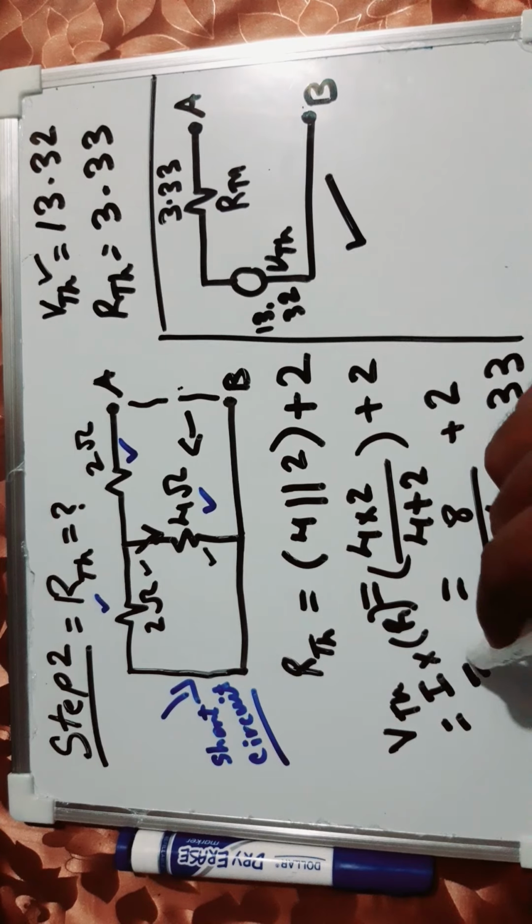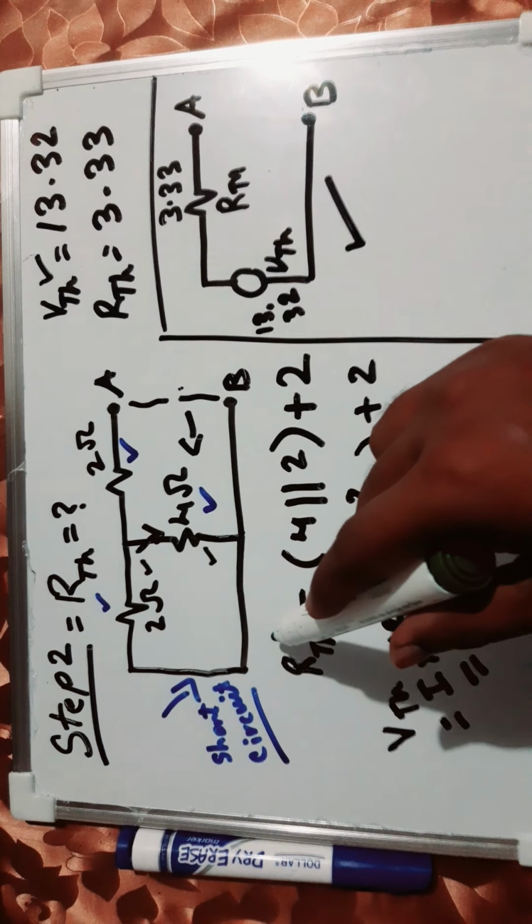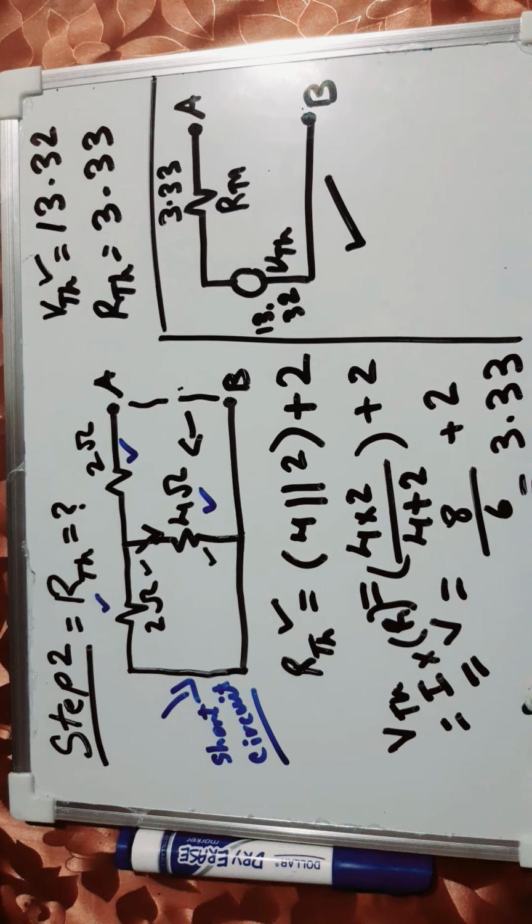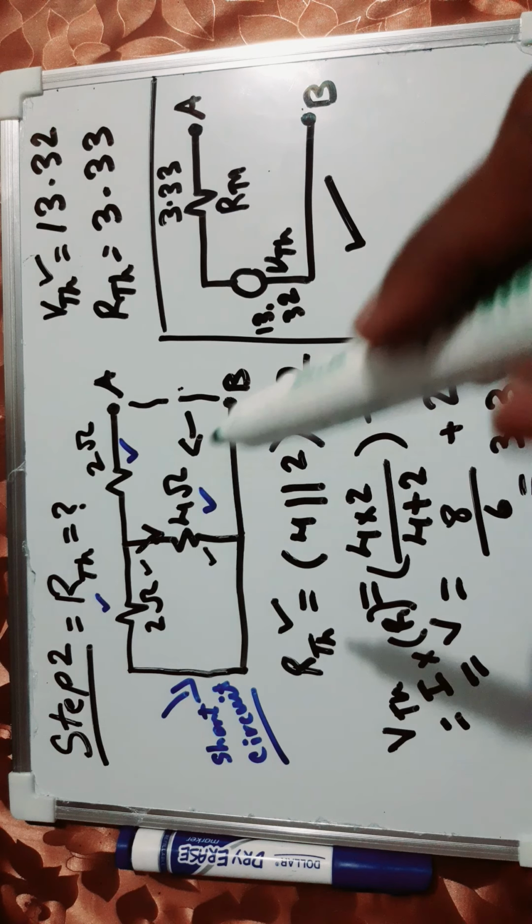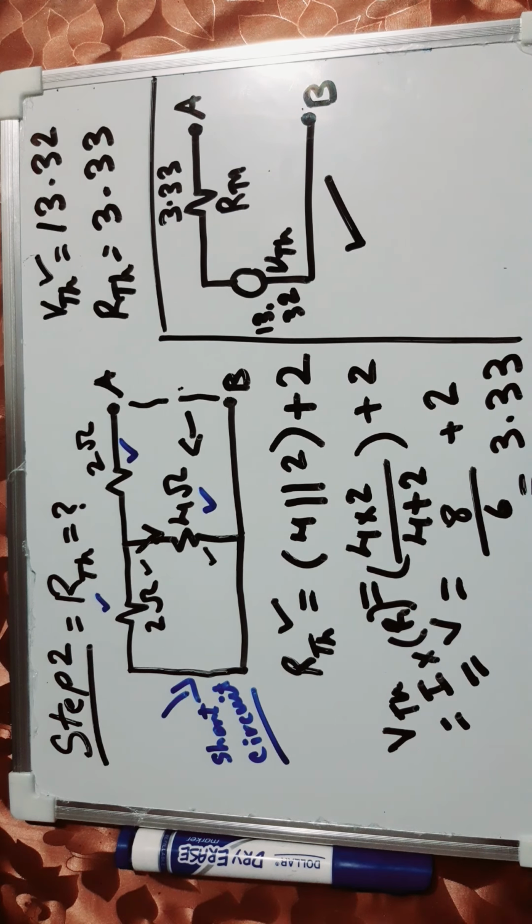And the second step was we find the R Thevenin. Now we will do one more example of this, and I think you will get a clearer idea.